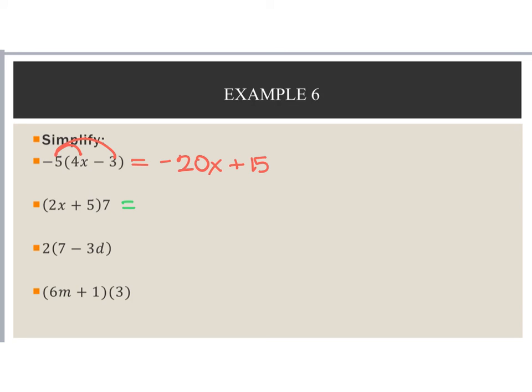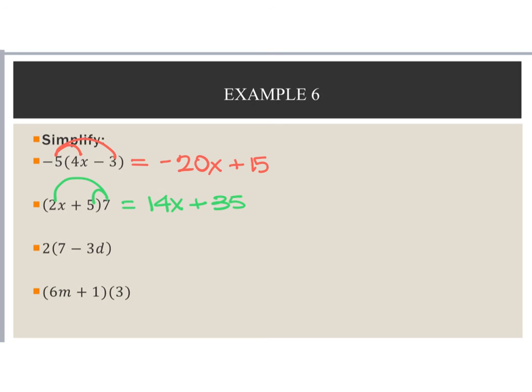Likewise, for the next one, I'm going to distribute my 7 onto the 2x, which gives me 14x, and 7 onto the 5 gives me plus 35. And again, I can't add the x term with a number because they are not like terms. 35 doesn't have an x, so I can't add it with 14x. Likewise, 14 has an x, so I can't add it with a 35.